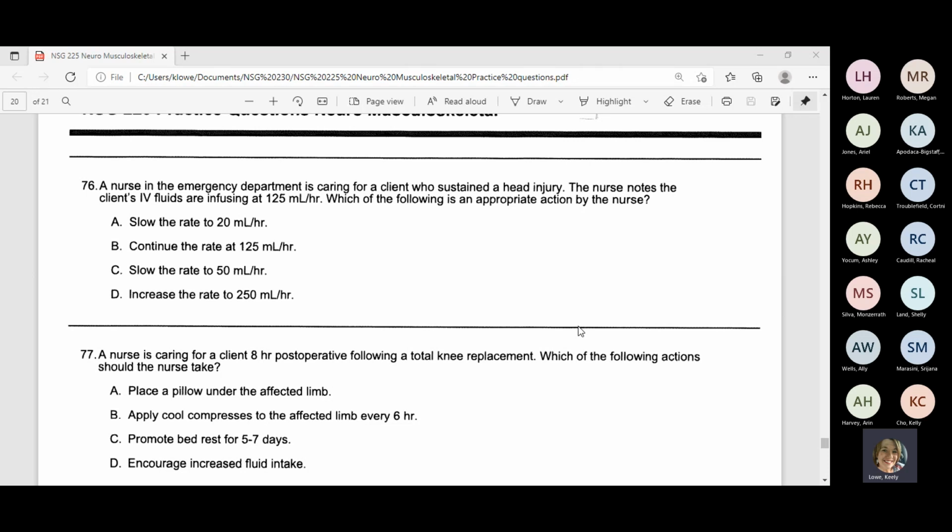The answer they had was slow the rate to 50. It says to minimize cerebral edema and prevent increased intracranial pressure. It said the 200 may compromise their volume resuscitation and cause hypotension. So they obviously wanted them to get IV fluid, but the 125 may be excessive. So they said slow the rate to 50.